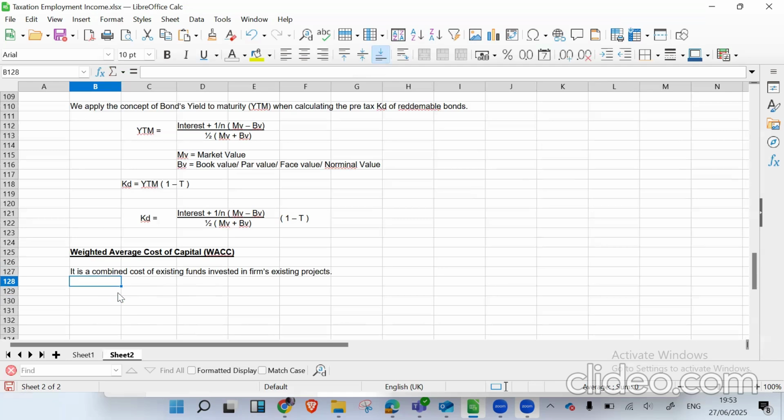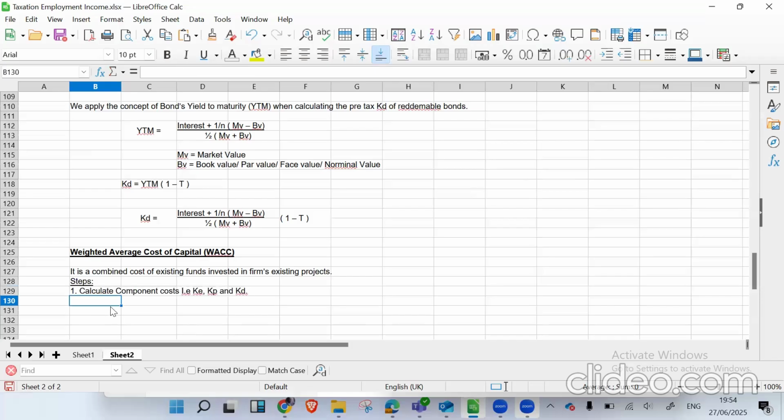Steps of calculating WSEC, small subtopic. Step number 1, calculate component costs, i.e. KE, KP, and KD.